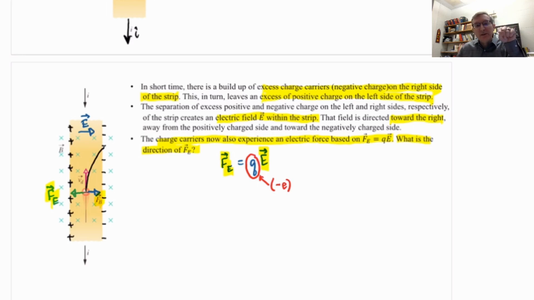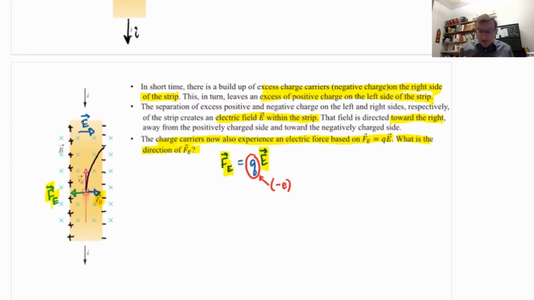But as that electric field builds up, as you get more and more charge separation on the two sides of the strip, electric field gets bigger, the F electric gets bigger, and eventually you're going to reach a special situation, a kind of stationary or steady state, we will call it, where the F electric and the F magnetic exactly balance. And once you get to that steady state configuration, then conduction electrons can just drift straight along the strip.